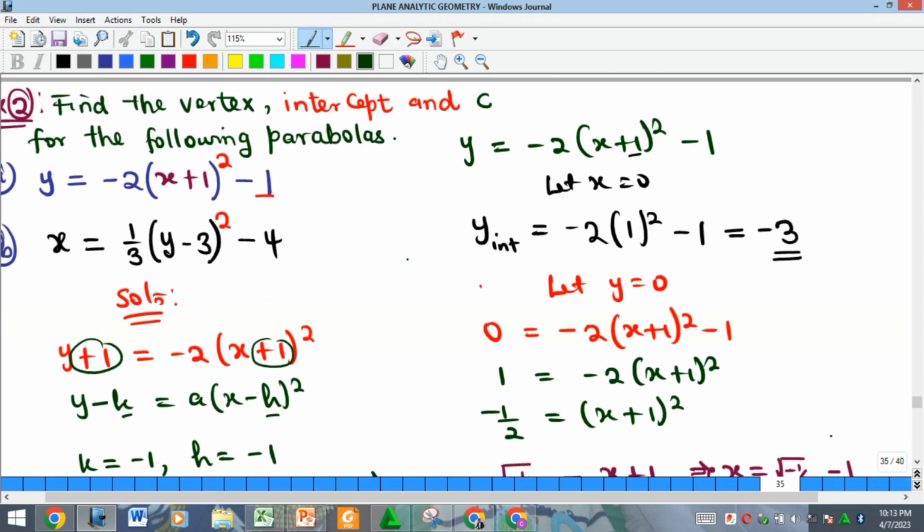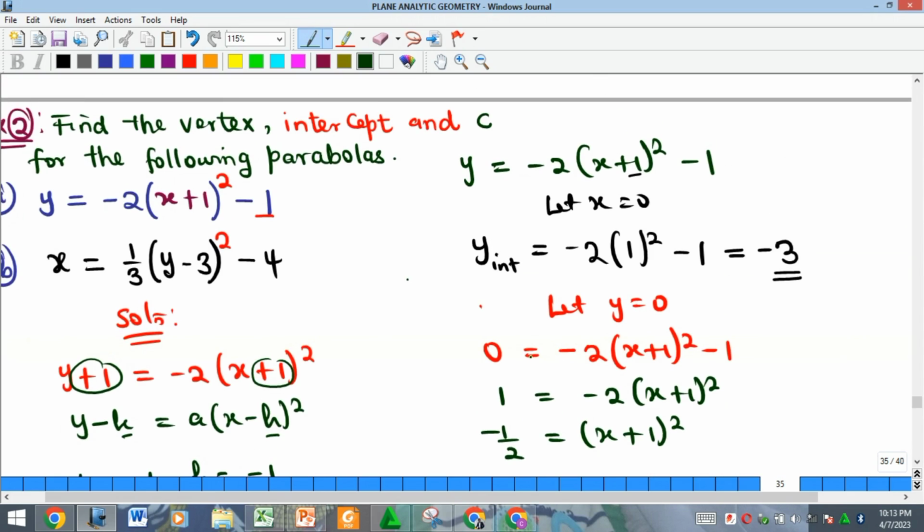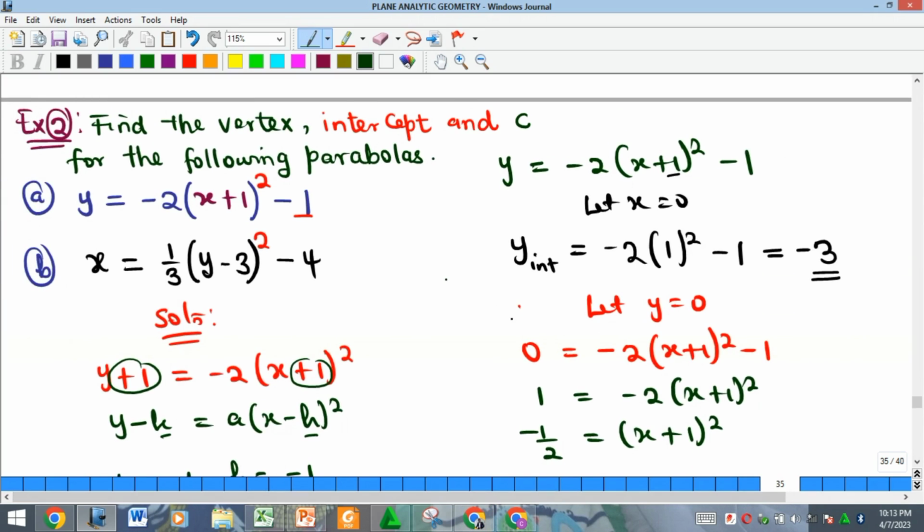So we've been able to do that for number 2A here. Okay, so how do we then get your c? Remember that our a is equal to 1 all over 4c. And from here, you can see that your a is negative 2. So negative 2 is equal to 1 all over 4c.